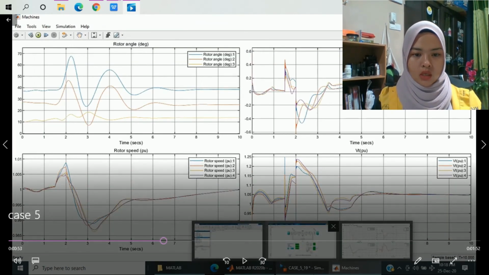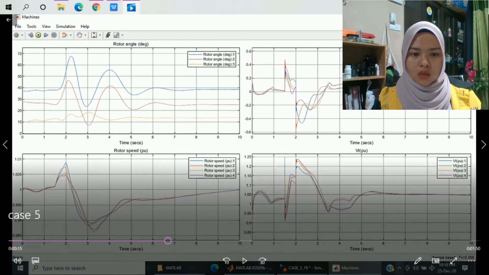Okay, there are the rotor angle, rotor speed, PU, and voltage graphs. For the rotor angle, the first and second generators started in unstable mode and started to stabilize at second 6.